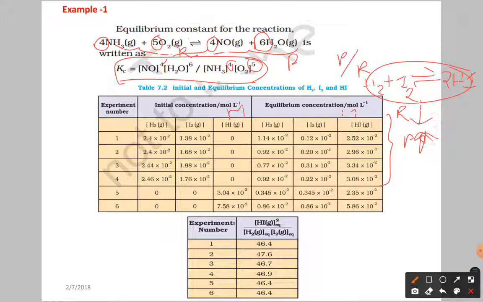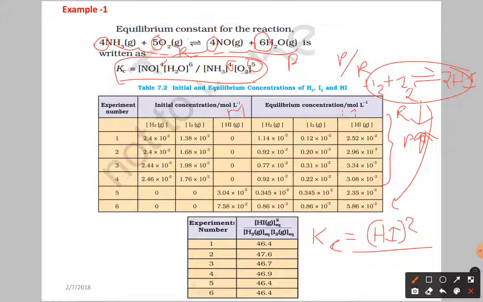Now I am going to write the Kc for this one. Kc is the equilibrium constant. Kc equals, for the product we have HI, its molar concentration raised to the power 2. Why? Because in the stoichiometrically balanced chemical equation, we have the coefficient 2.